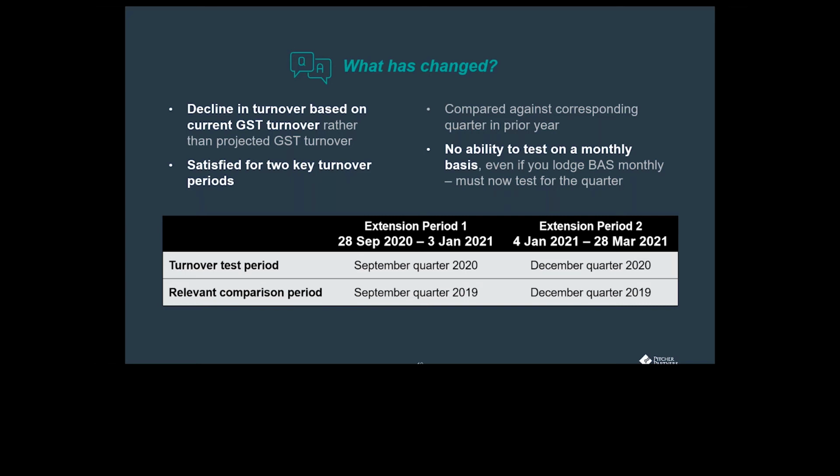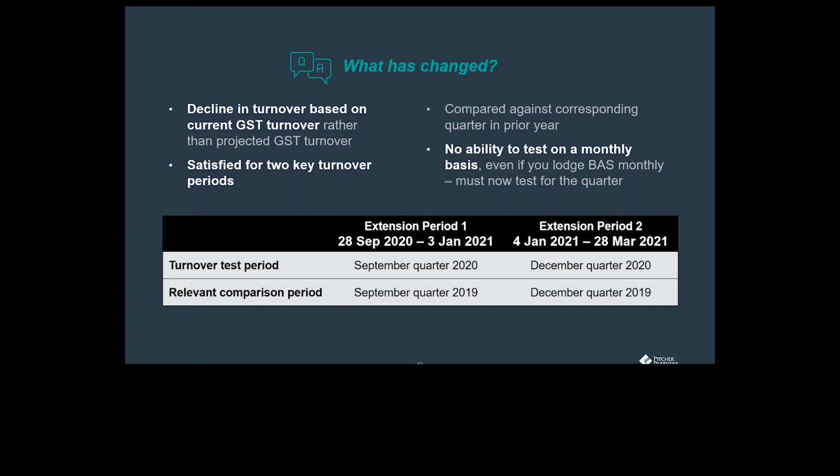So the decline in turnover test will need to be satisfied for two key turnover periods in respect of both extension period 1 and extension period 2. And it is a quarter-on-quarter test, as I said a moment ago. So you will be required to compare your turnover in the relevant quarter of 2020 against your turnover in the corresponding quarter of 2019. As I said, there is no ability under JobKeeper 2.0 to do the decline in turnover test on a monthly basis.